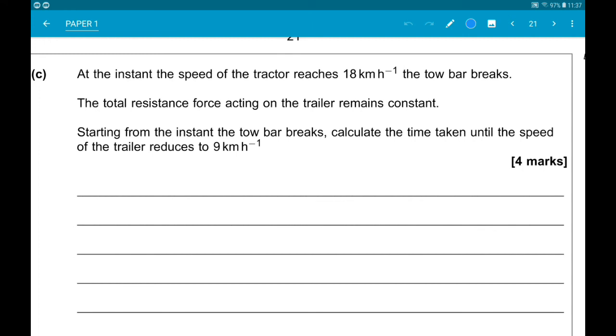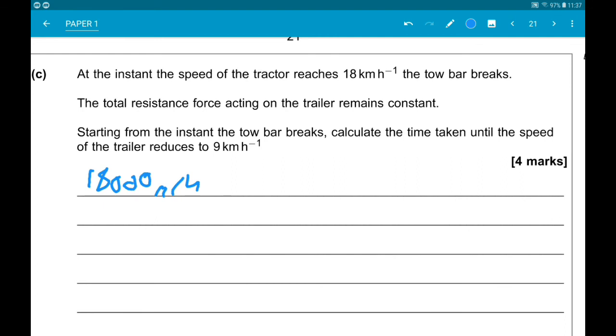We know the initial speed and the final speed, except they are in kilometers per hour. So first thing I'm going to do is convert each of those into meters per second. So 18,000 meters per hour, to turn that into meters per second, we need to divide by 60 to get meters per minute, and then again to get meters per second.